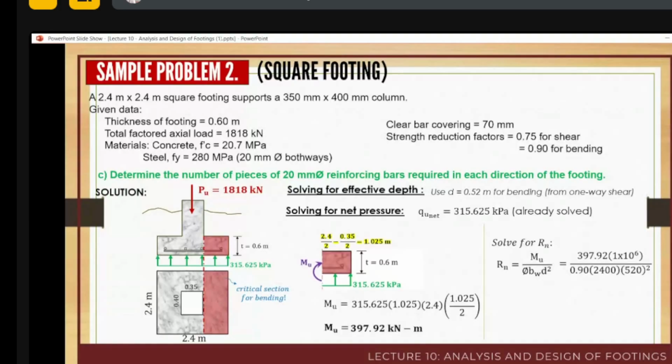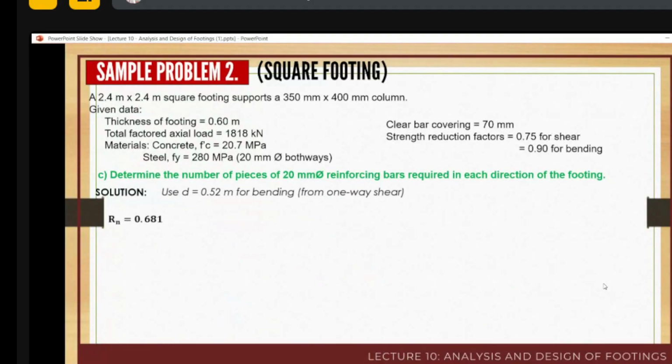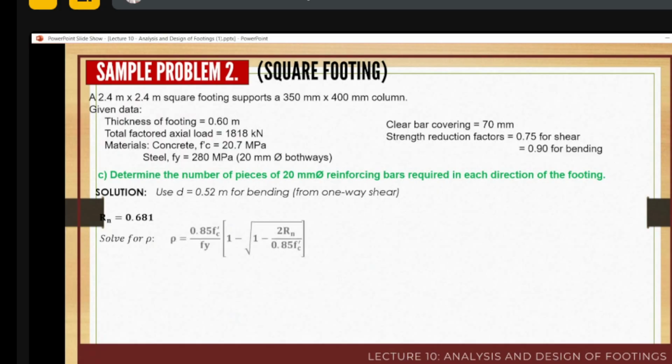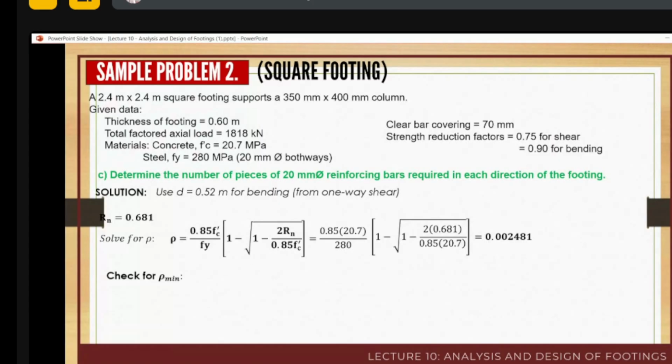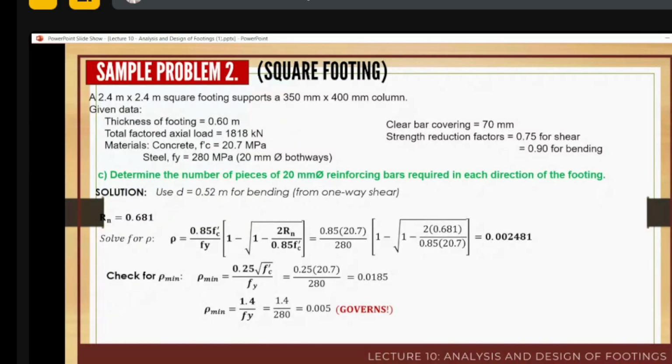So to solve for your Rn, then you can solve Mu, okay? And then you have your katunga formula, no? So mo ang rho, and then check for rho minimum. So ang rho minimum is 0.0185, and this is smaller than the rho min. Therefore, use the rho minimum, di ba?